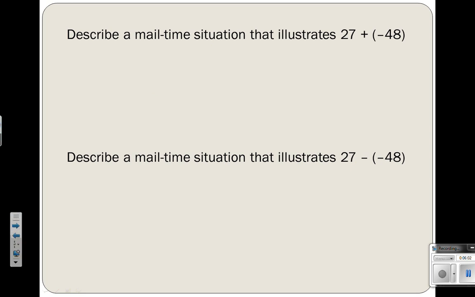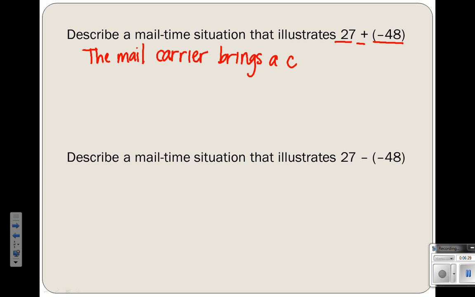Okay, so describe a mail time situation that illustrates 27 plus a negative 48. So again, we've got three parts here that we're looking at, 27, plus, and the 48. The 27 is positive, so in this case, he's bringing you a check. So the mail carrier brings a check for $27.